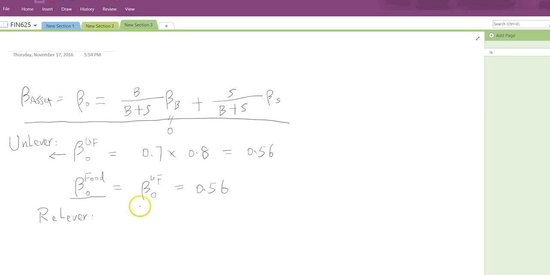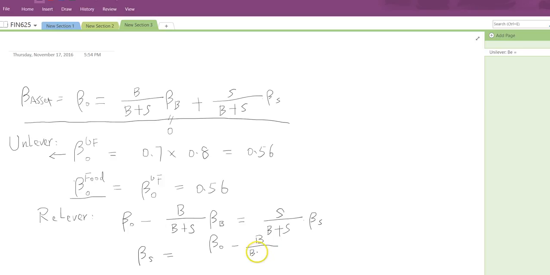First we move this to the left-hand side: beta 0 minus B over B plus S times beta B equals S over B plus S times beta S. Then we divide both sides by S over B plus S. So beta S equals beta 0 minus B over B plus S times beta B, all over S over B plus S.